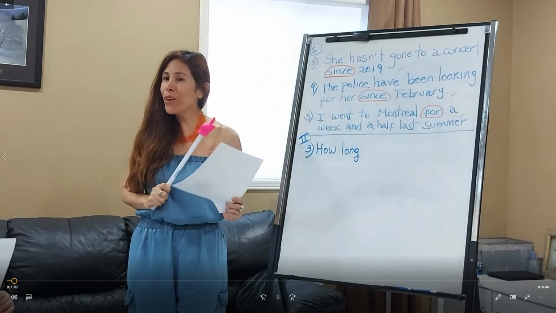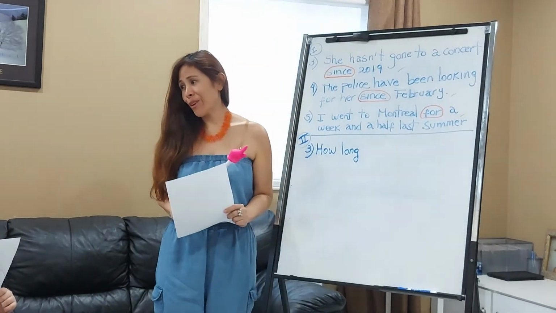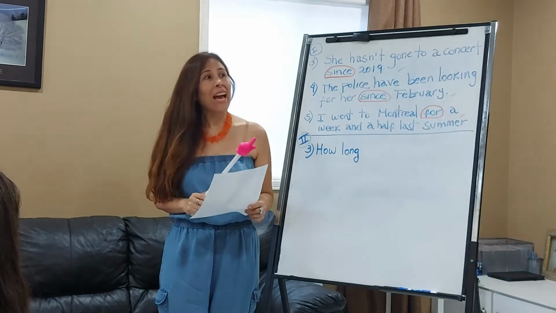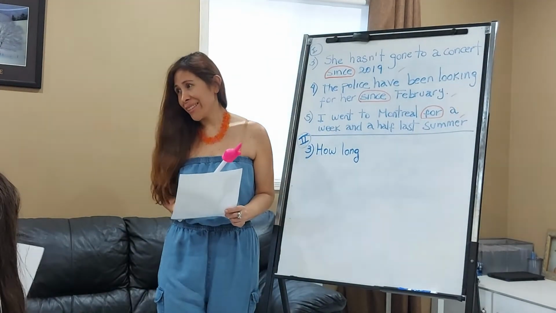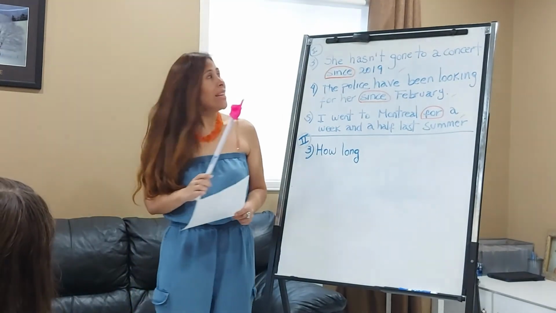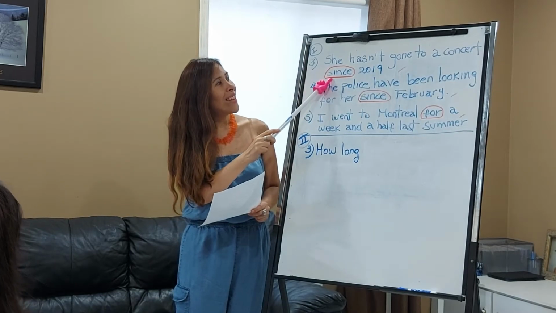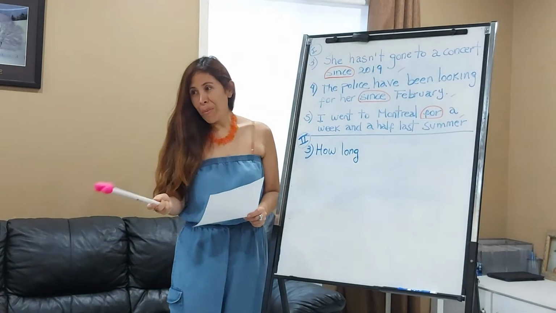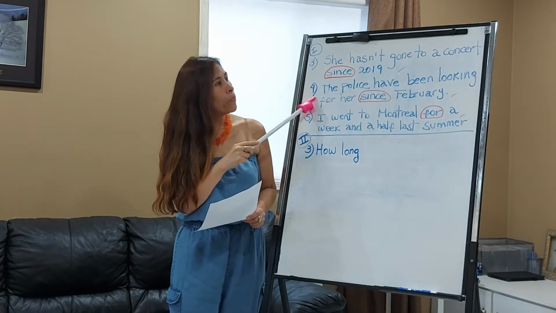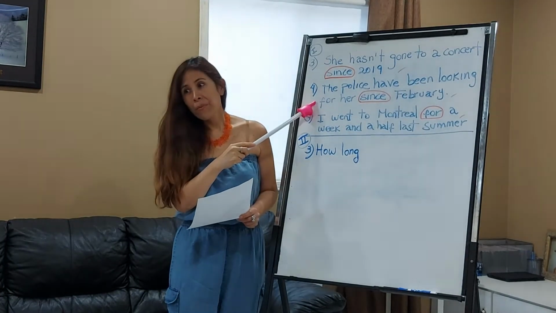Okay, guys, so far we have checked exercise number 1. And I have to congratulate you because all your answers were correct. So please now help me read your correct answers. Ian, number 3? She hasn't gone to a concert since 2019. Since 2019, correct. Maddie, number 4? The police have been looking for her since February.